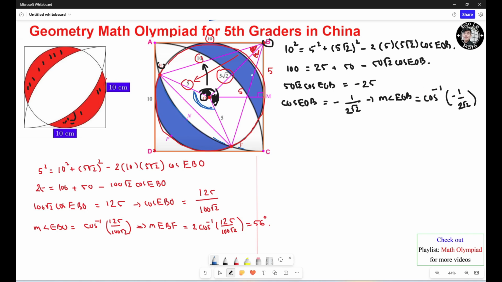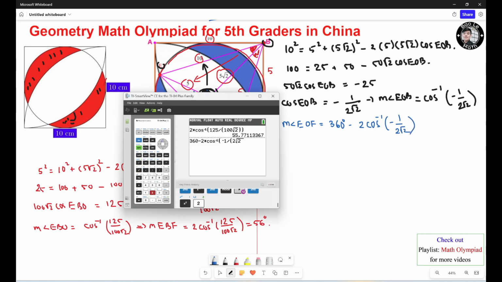It's going to be 360 degrees minus this one and this one. So the measure of angle EOF equals 360 degrees minus 2 times the cosine inverse of negative 1 over 2 root 2.